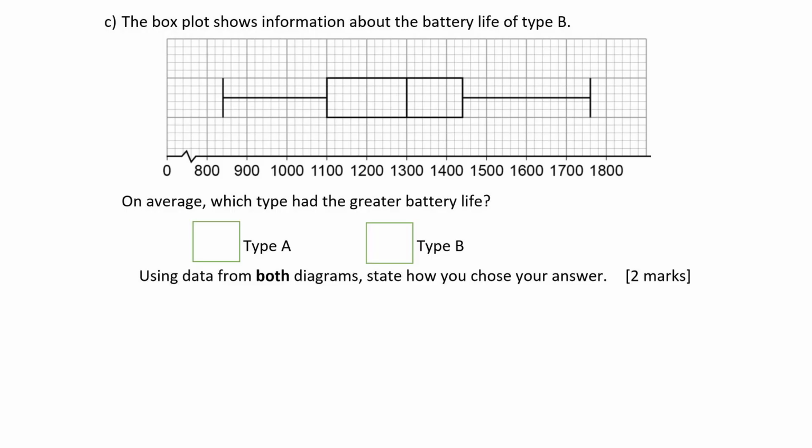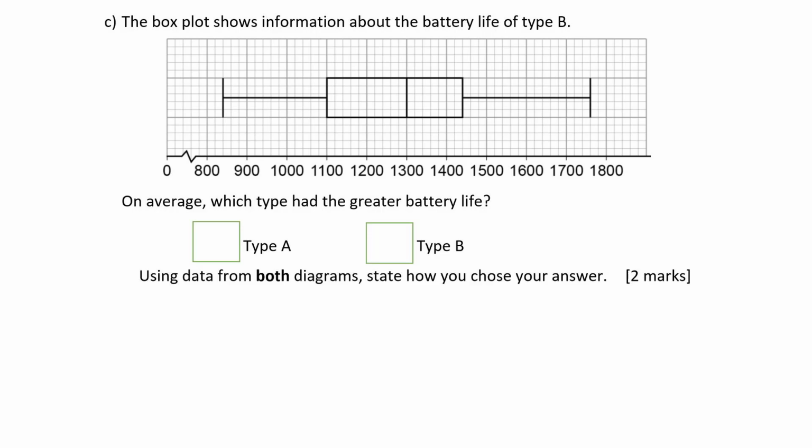Okay, now part C says the box plot shows information about battery life of type B. On average, which type had the greater battery life? Tick the box. Well, the greatest battery life is going to be given by the median right here, I suppose. So it's like the average life expectancy.